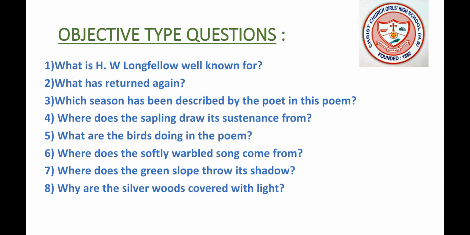Where does the sapling draw its sustenance from? Question number 5. What are the birds doing in the poem? Question number 6. Where does the softly warbled song come from? Question number 7. Where does the green slope throw its shadow? Question number 8. Why are the silver woods covered with light?